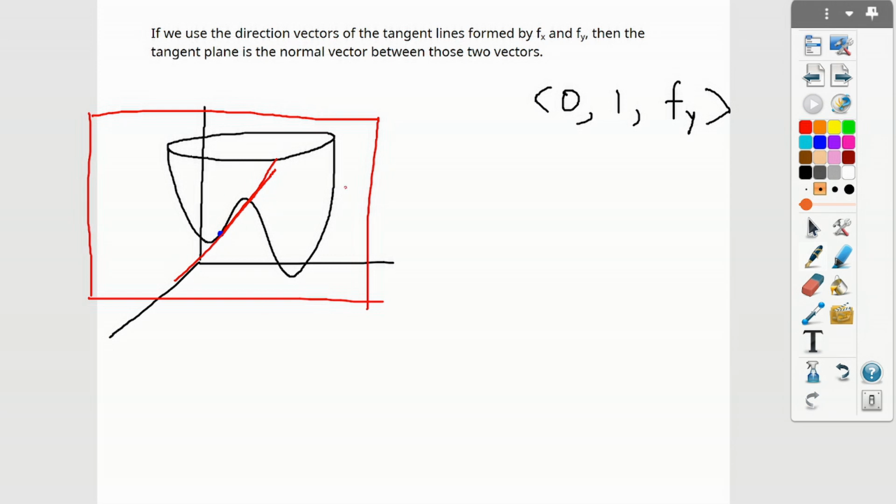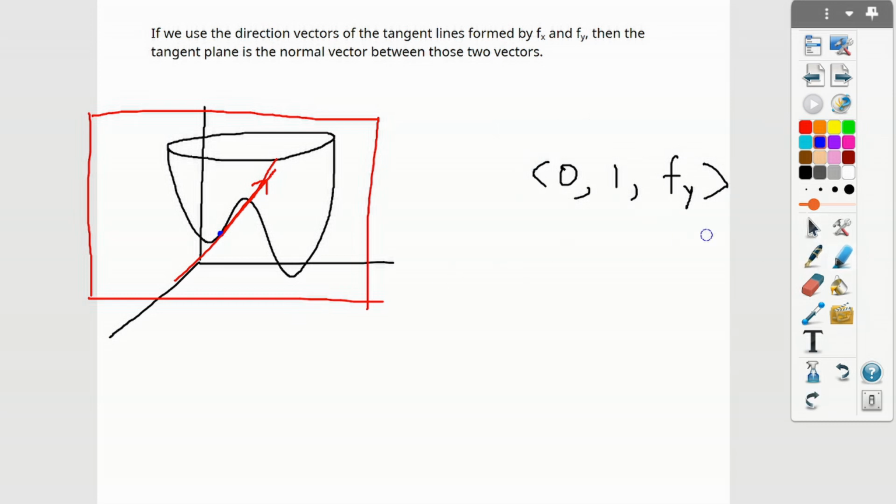It's going positive right here, so our tangent plane will probably be positive in the x direction. So let's just draw this line. It's supposed to be an infinite line, but I'm just going to draw a line right there. And as it moves positively in the y direction, you could tell that it is positive, right? So that's the y direction. That's f sub y. That's how we will find our plane in the y direction.